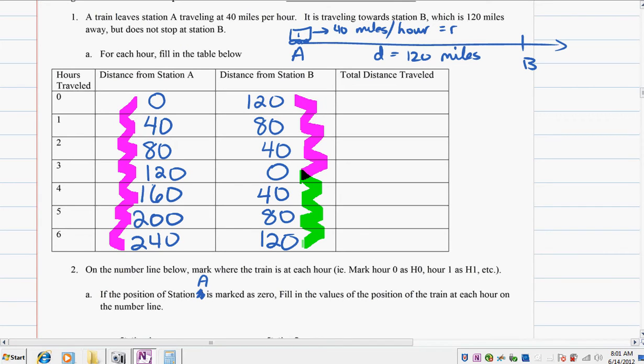So there's an interesting pattern there that's going to come up over and over and over in this course. But the total distance traveled, well, hopefully you'll see that that's no different than the distance I am from A. The total distance I've traveled is these units. Even though my relative distance from B changes, my distance from my starting point is the same.